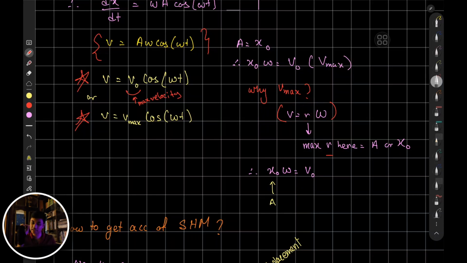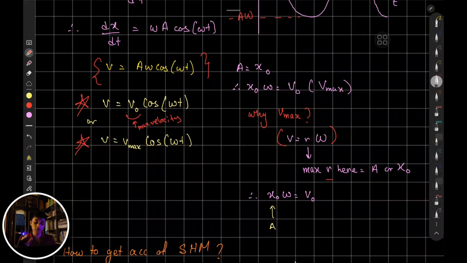So since the displacement is maximum, the velocity is also going to be maximum, because the displacement is already at its max and the angular frequency doesn't change. So the velocity doesn't get any bigger than this value. This V is equal to A omega. The velocity will never be bigger than A omega because you have taken the biggest value of R already.